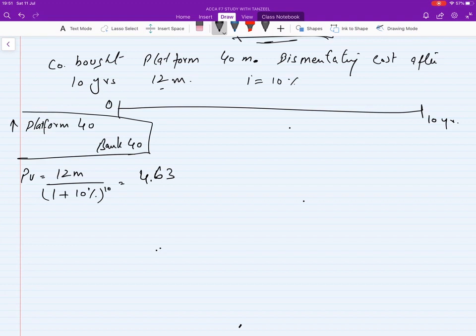Because of the dismantling cost, as I told you in the very beginning, you need to add this cost and capitalize it. So you take this cost along with the platform: 40 plus 4.63.